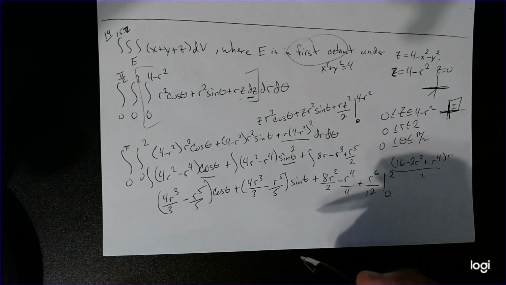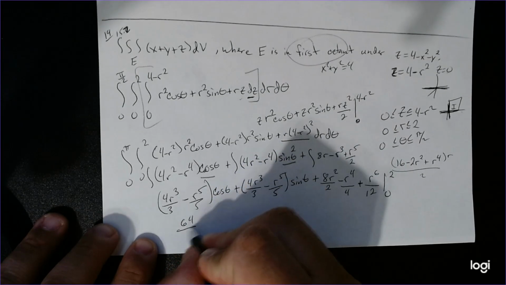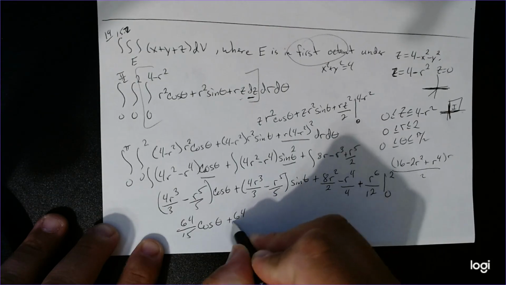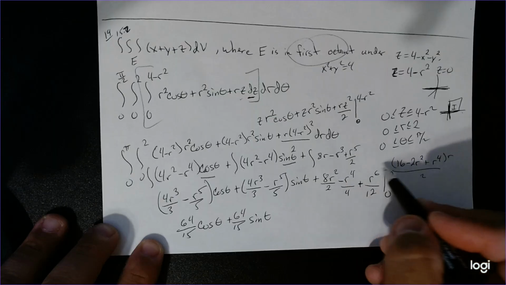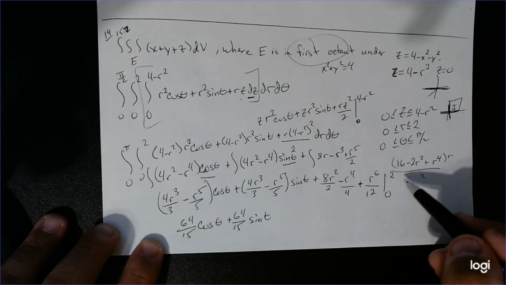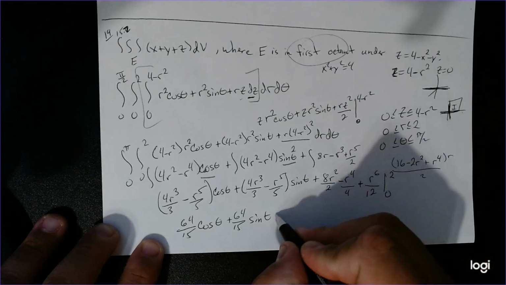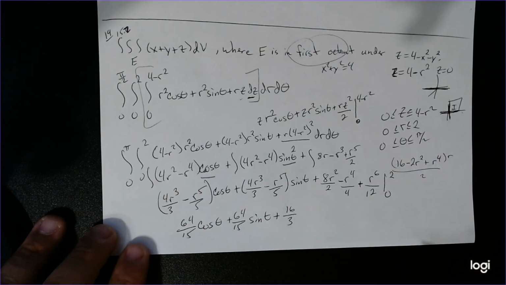So I got this. Hopefully this is right. I'm going to leave it as a fraction. That comes from these two when I plug in 2. And then when I plug in 2 and put all this together, I end up getting another fraction like that.